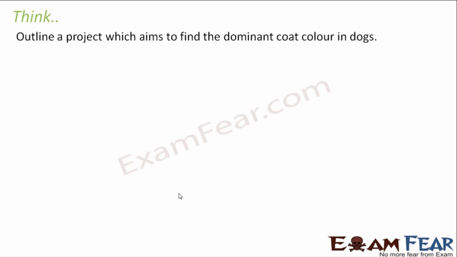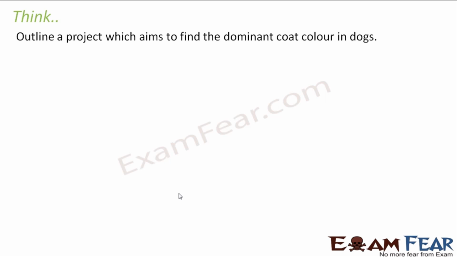Outline a project which aims to find the dominant coat color in dogs. Now, when we talk about dogs, there is a variety of coat colors available. It can be black, brown, white, or grey. There are plenty of colors available. So, just for now, let us take an example.